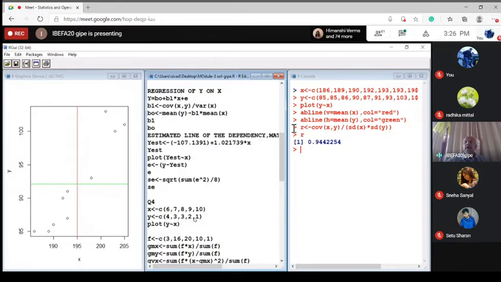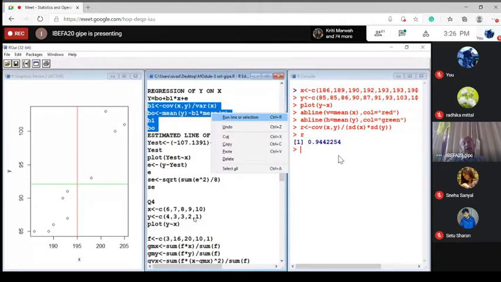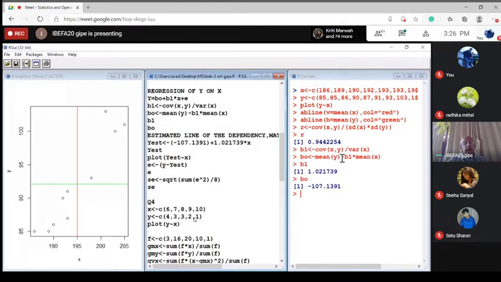This is called a regression with tolerable error E. I computed B0 and B1 and I got the error also.